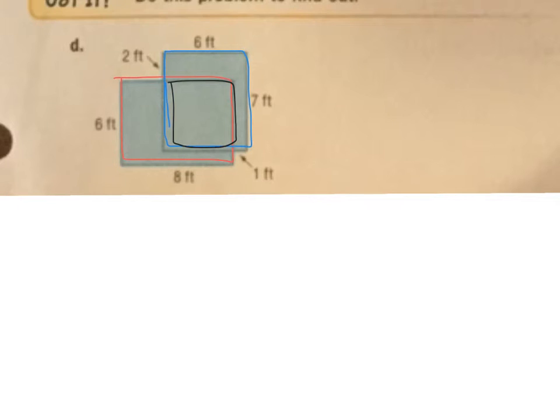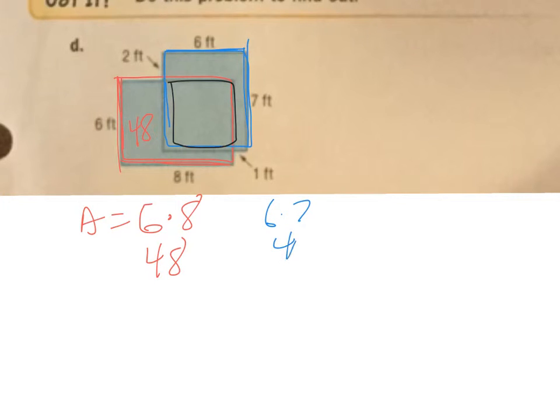So let's start with this red one. It's an 8 by 6. Area equals 6 times 8, and that's 48. So this red one is 48. Okay, let's go to the blue one right here. It's a 6 by 7, and 6 times 7 is 42.